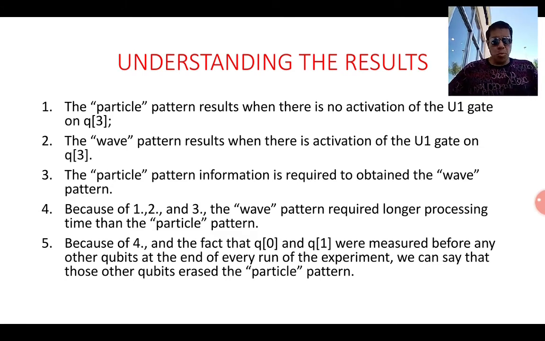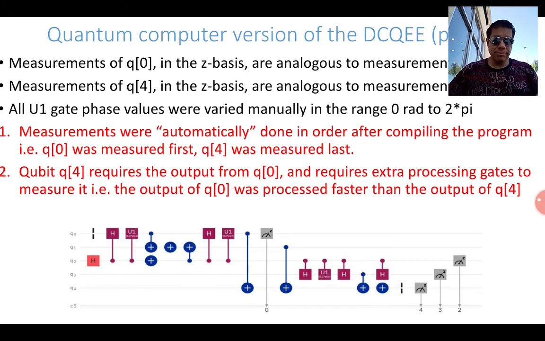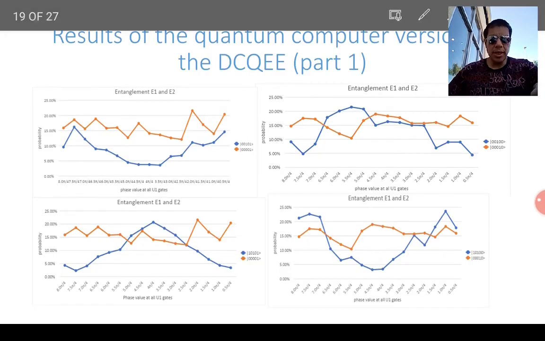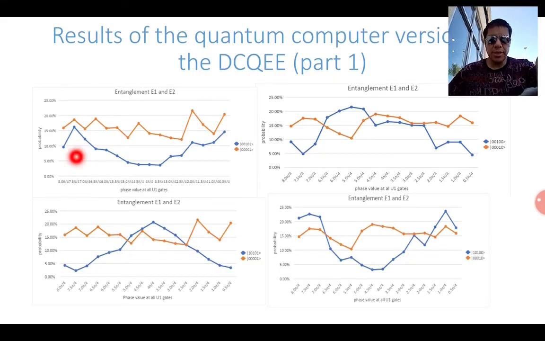You can say that in the data that we obtain, this pattern erases this one right here. This one erases that one. This one erases that one.